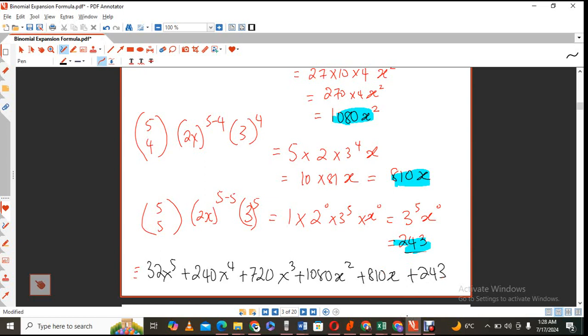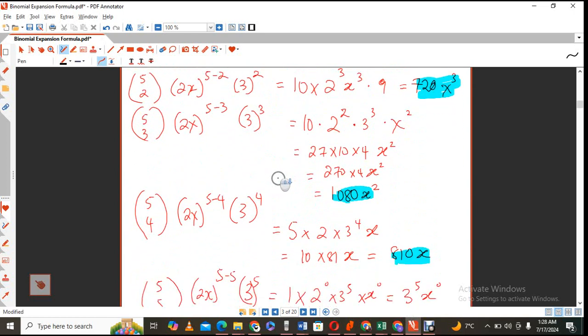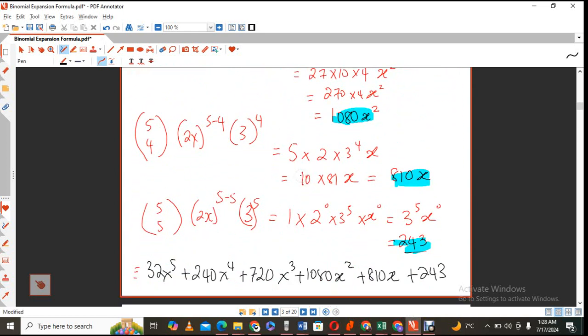Okay, so there we have all the terms when the question says expand the following using the binomial theorem. Okay, and you can put them all to practice and so on.